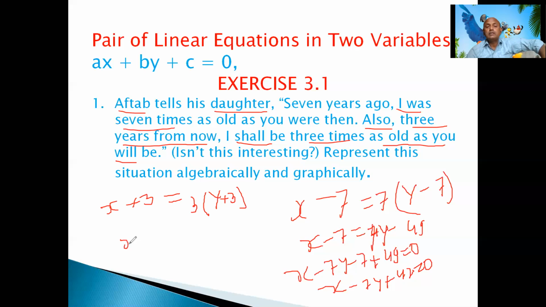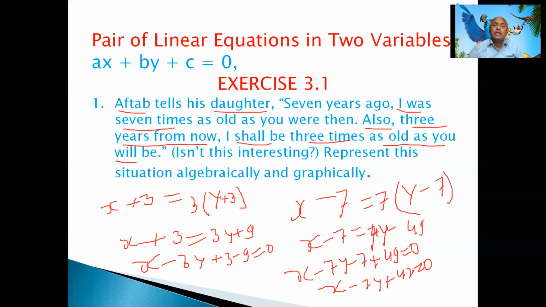So x plus 3 is equal to 3 times y plus 3, open the bracket, 3 threes are 9. Now x minus 3y plus 3 minus 9 is equal to 0. You solve it, you will get the second equation.